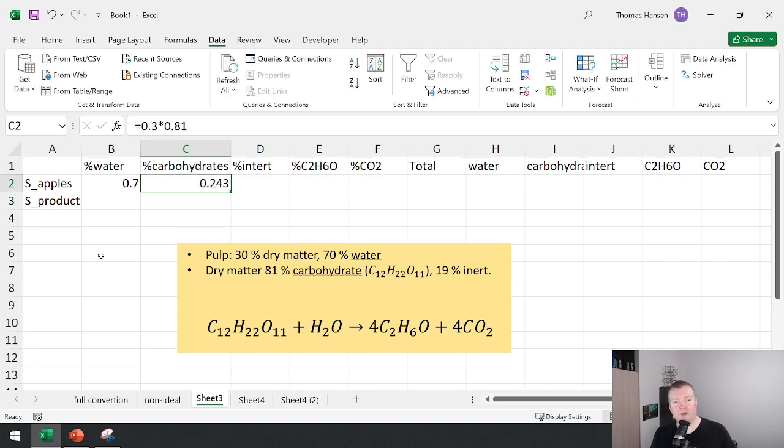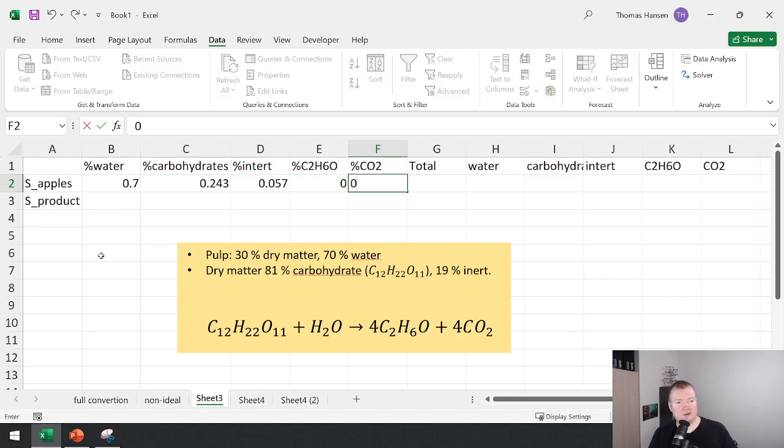So 24.3% in this case. Same for the inerts. I take 30% times the 19%, which are the inerts, and I have that. The rest of these are 0. Nothing enters from those. And I still have the water.